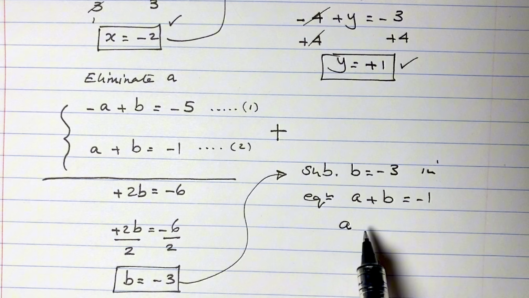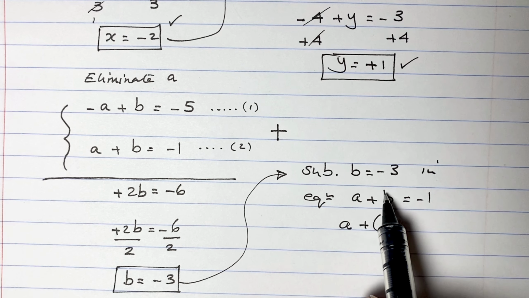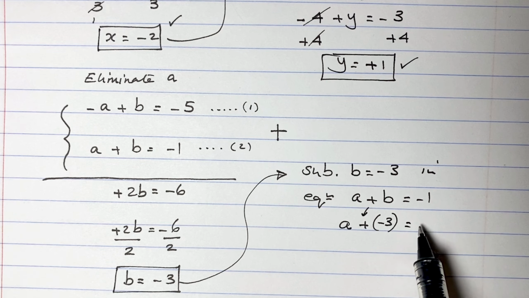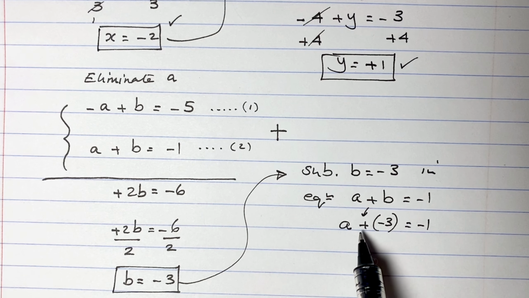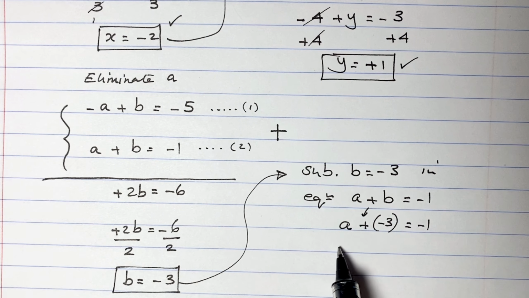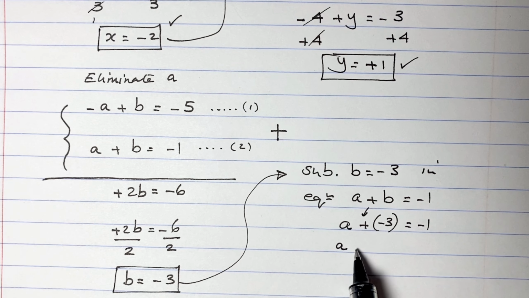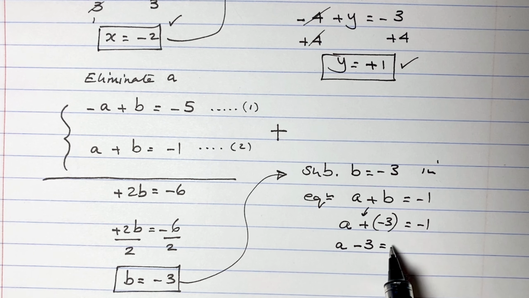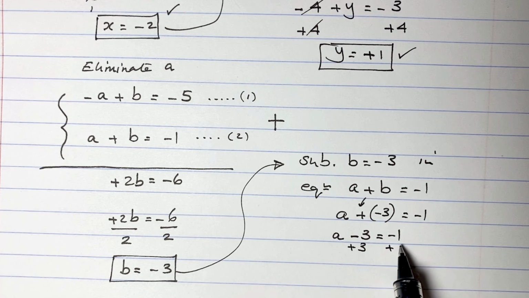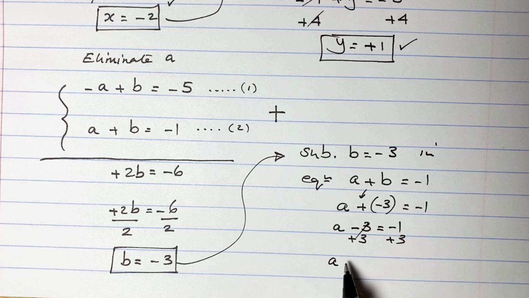So we have a plus, and that b equals minus 1. But before we knew, when two signs follow, it is a multiplication rule. So a plus times minus is minus 3 equals minus 1. Add 3 to both sides. So a equals plus 2.